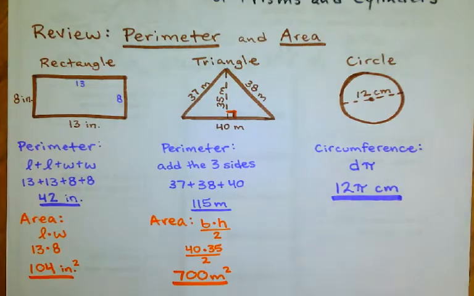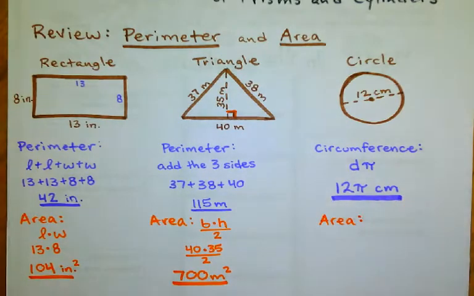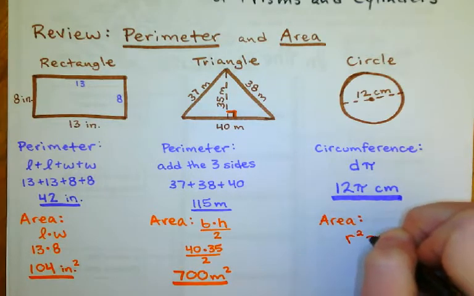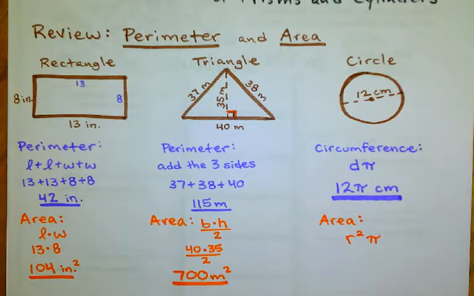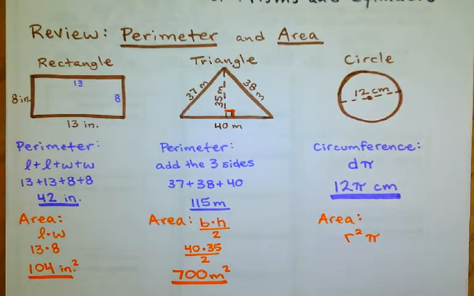To find the area of a circle, this formula is r squared times pi. Or you may have heard it as pi r squared, but I like to list the numbers first, so that's why I list pi last. But pi r squared and r squared pi are the same exact thing. So here, r stands for radius. What's the radius of our circle?